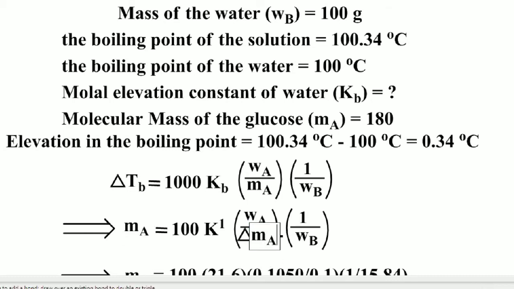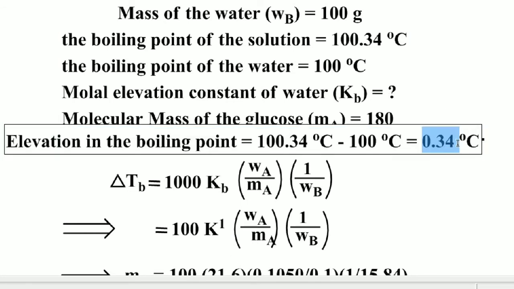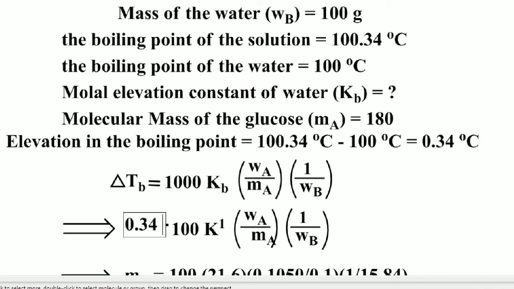Therefore, students, that implies we calculate the delta TB value. Delta TB is 0.34 degrees centigrade. So 0.34 is equal to 1000 into kb. Students, here we should calculate the kb value only.